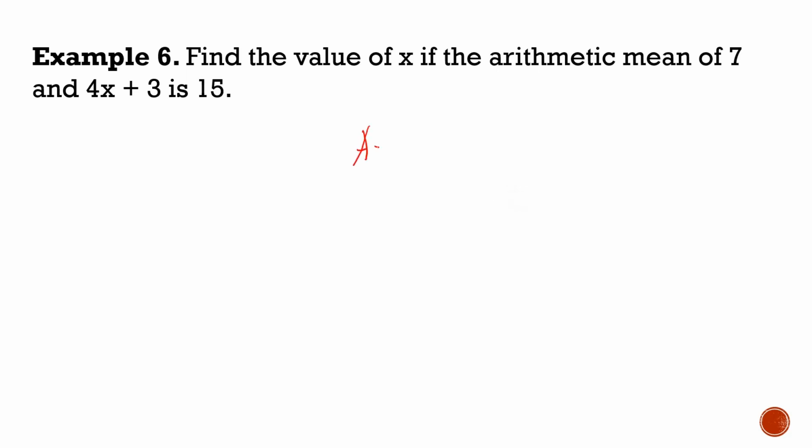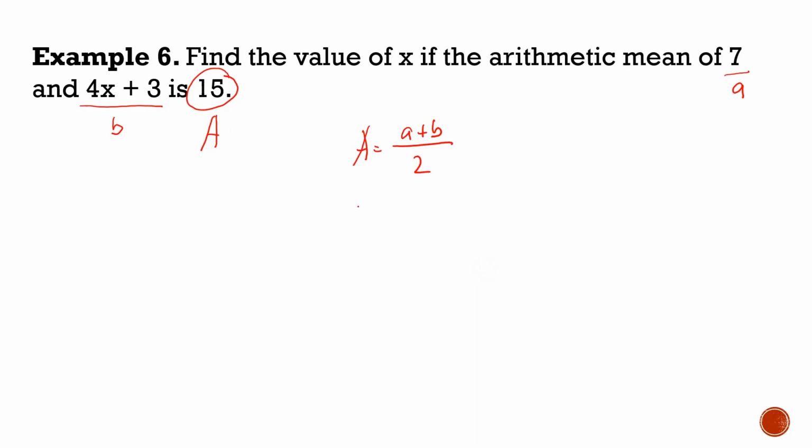That's A equals small letter a plus small letter b over 2. Okay, so our small letter a here is 7. Our small letter b is this expression, and that 15 is our capital letter A, or the arithmetic mean.